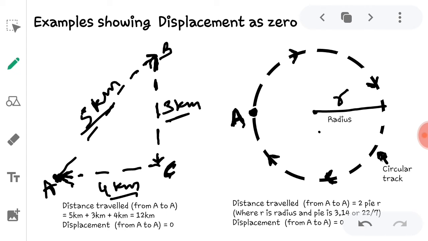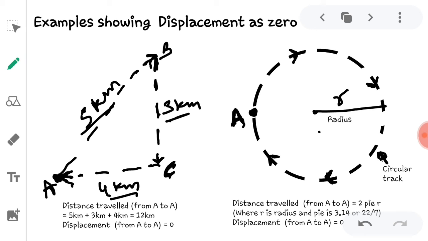That will be the distance. From A to A, the shortest path will be 0 and in no direction, because the person is standing at A and does not have to move anywhere, since he has to come back to A. The distance is the indirect path, but there is no direct path, so it is 0. So displacement here is 0.